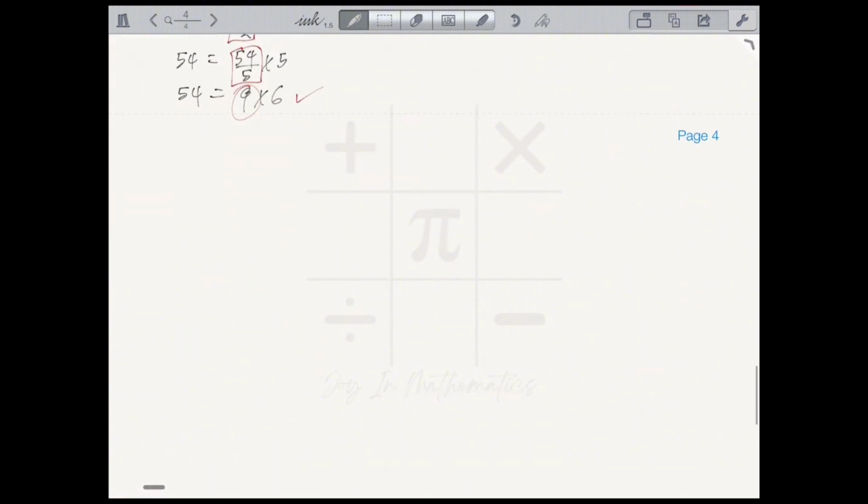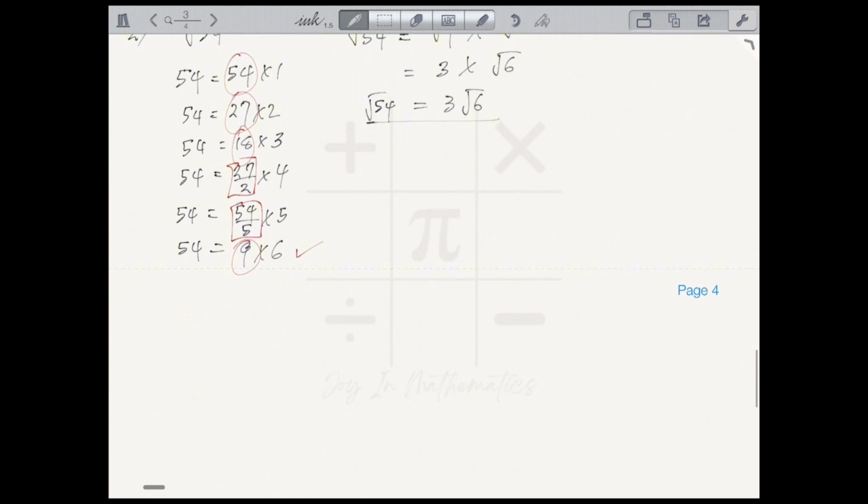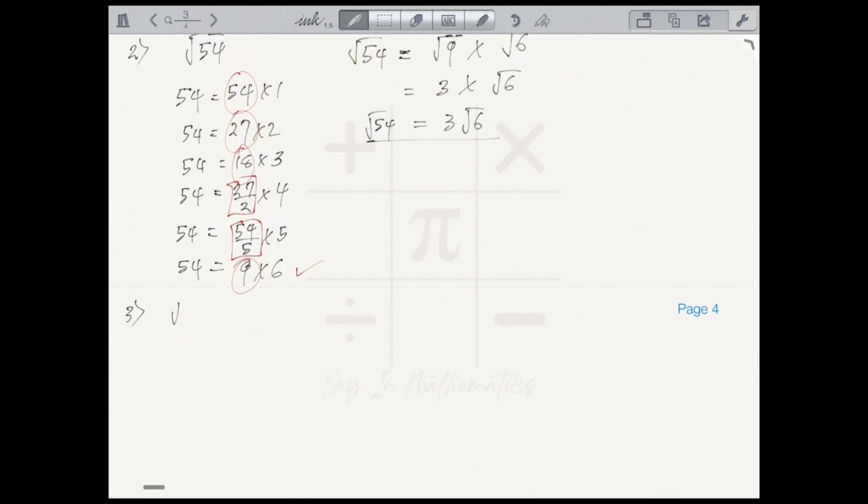Now let's take another example, and in this case we'll be considering root 45. So 45 can be 45 times 1. 45 can also be 45 over 2 times 2.